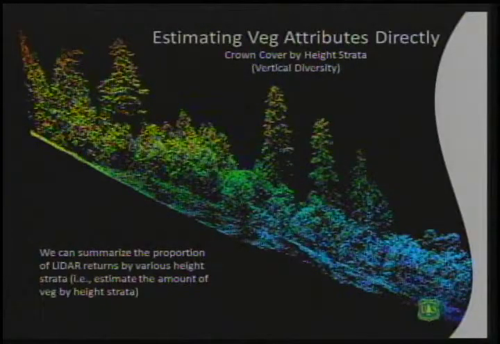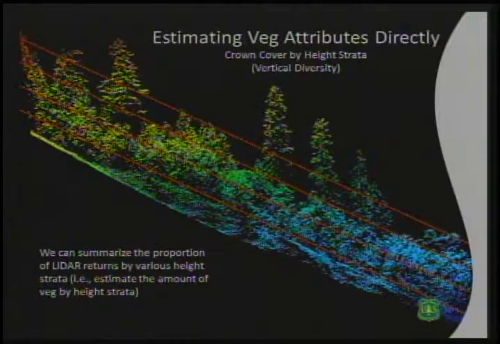So we can estimate some of these vegetation attributes, like crown cover by height strata. What you can do is essentially lay in these 5-meter strata, and calculate how much of the canopy falls below that line. You can do this all the way up through the canopy to determine where the dominant portion of the canopy is.